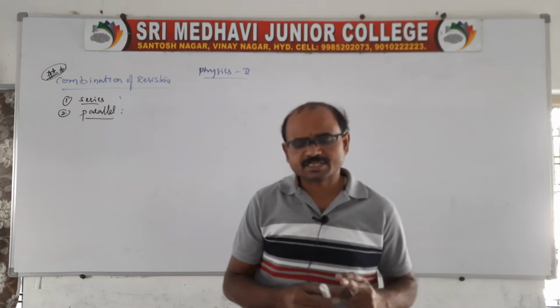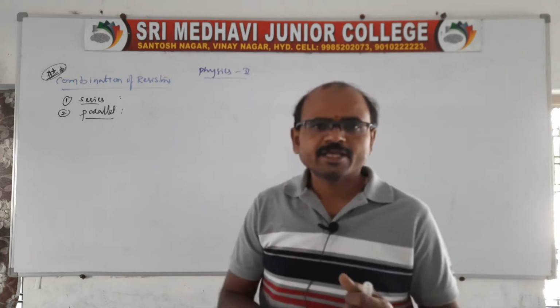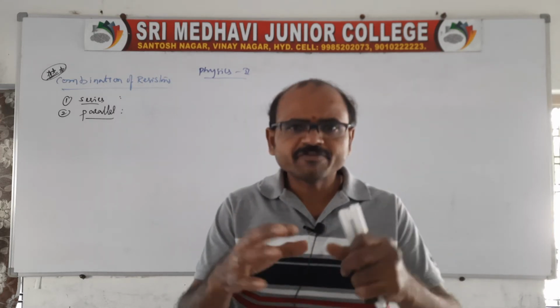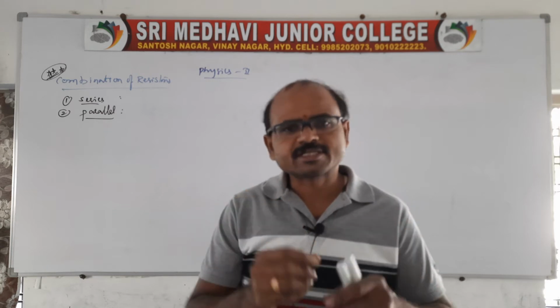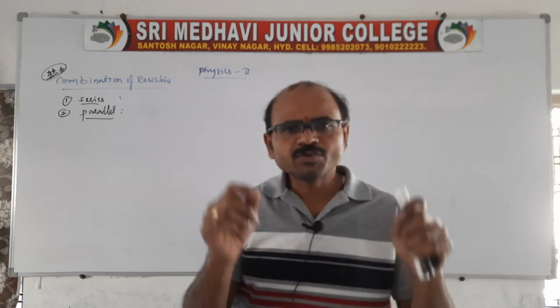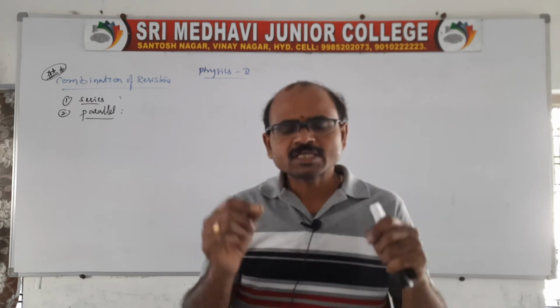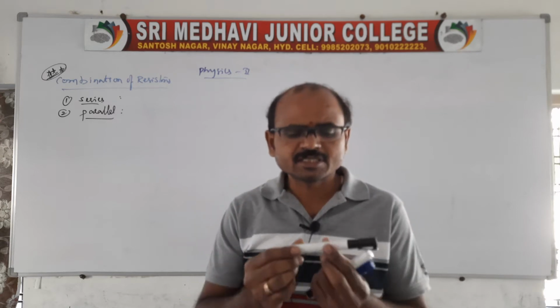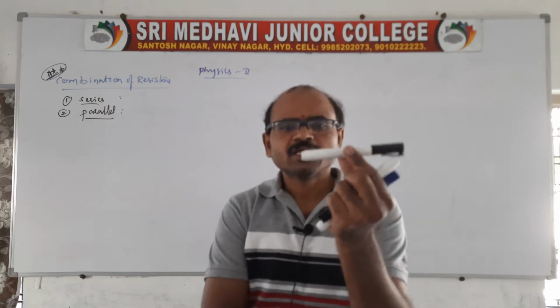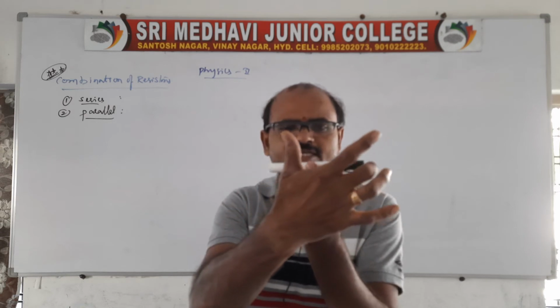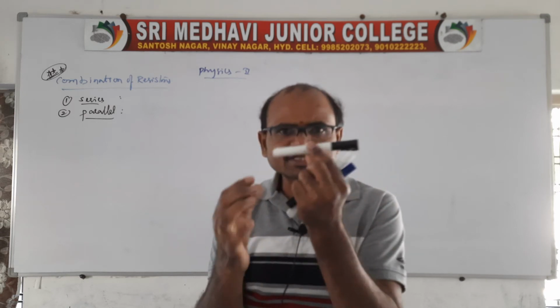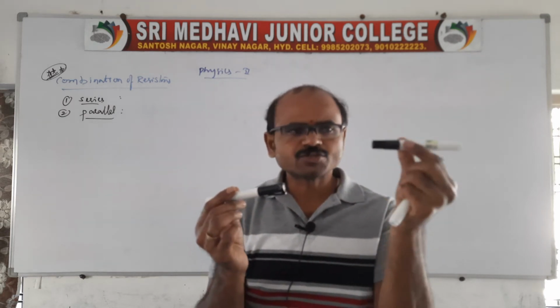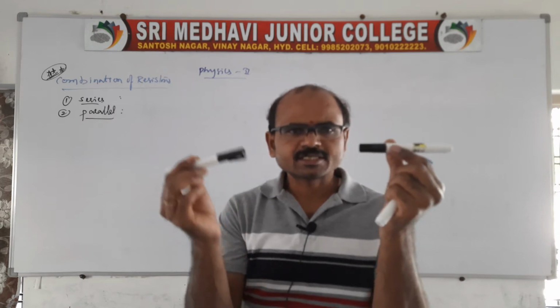What is a series combination? Suppose there are a number of resistors. Take one resistor, with a first terminal and a second terminal. The first resistor's second terminal is connected to the second resistor's first terminal.